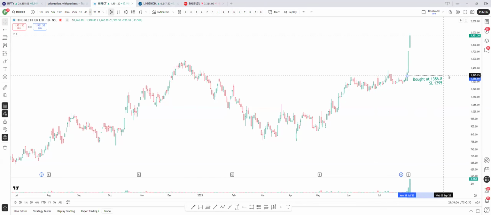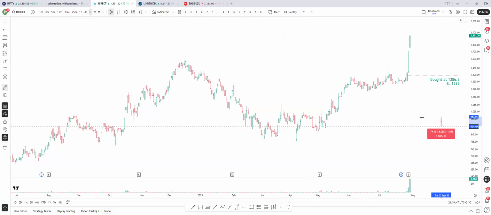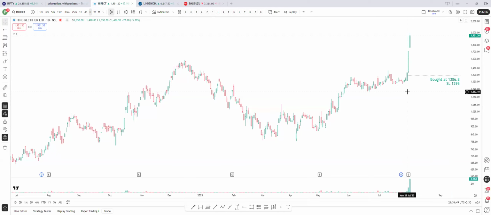As you know, I had bought Hirect at around 1386.8 on 28th July. If we see the chart, it's kind of consolidation and it's breaking out. So the breakout has happened and it went up nicely.